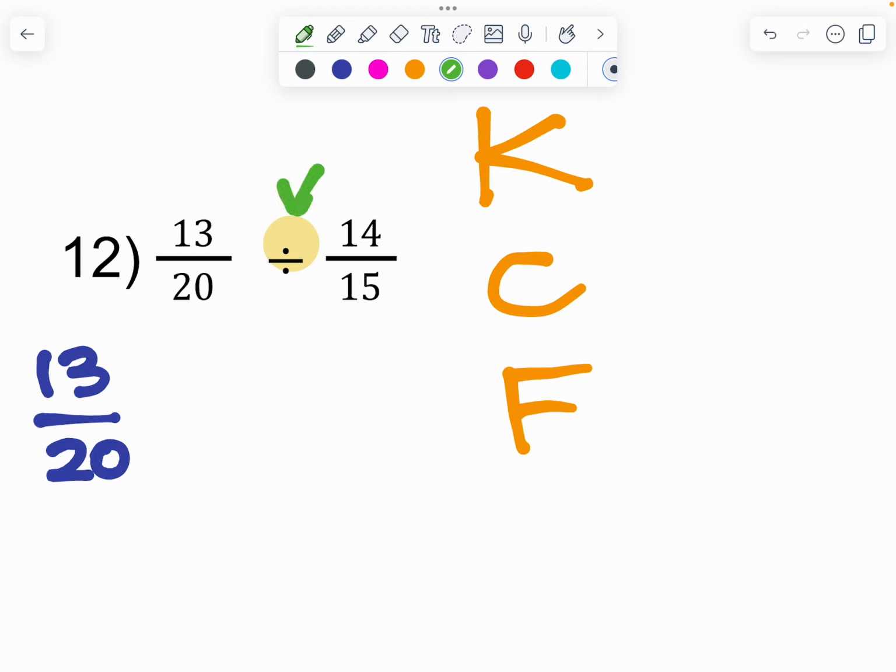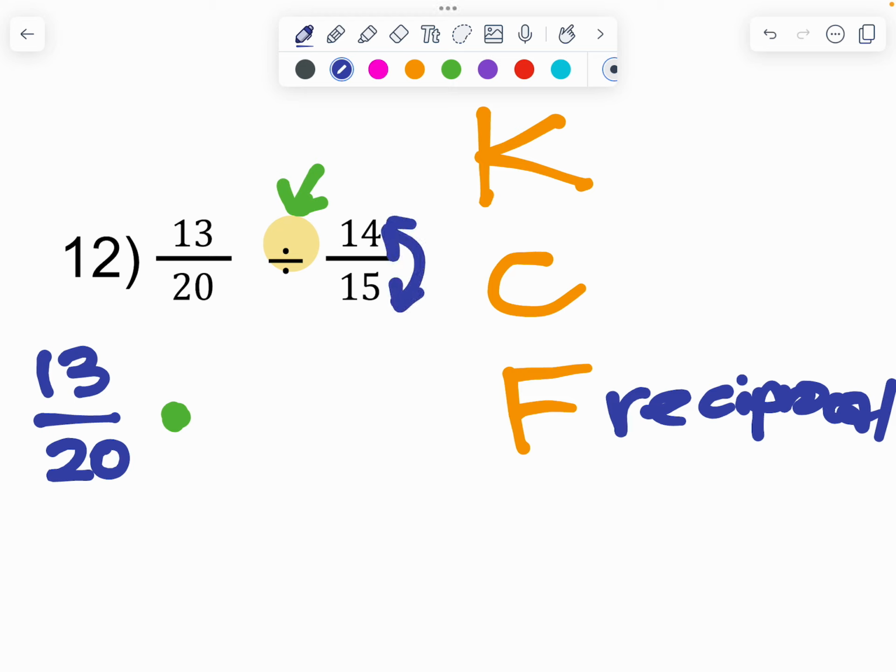We're going to do the opposite operation of division, which is multiplication. And then the last one says flip, which is a terrible word for reciprocal, because we're in junior high. We're going to flip it upside down. So 15 over 14.